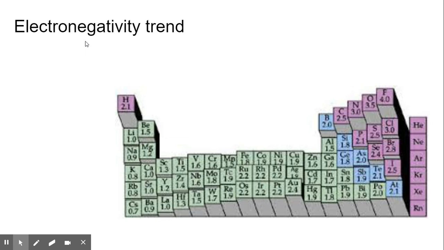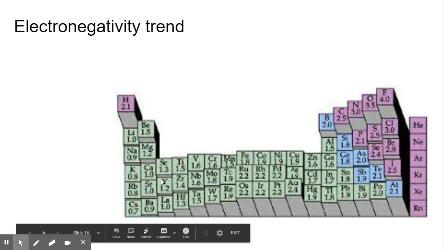What is electronegativity? Electronegativity is how attractive something is to an electron. In other words, something that's very electronegative really wants electrons. If you're not electronegative, then you don't really want electrons. This is very similar to the ionization trend.